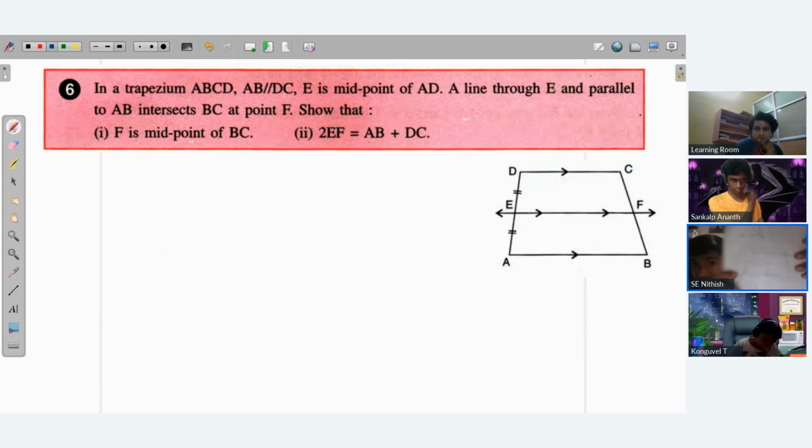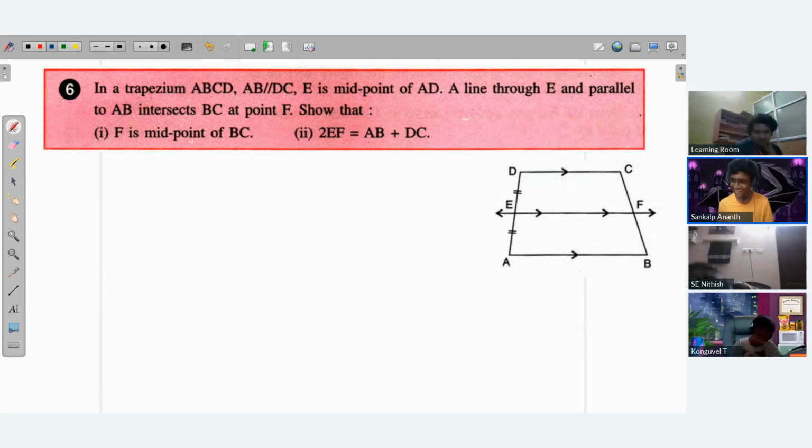They said F is a point where AB and BC intersect. Nitish, read it properly: a line through E and parallel to AB intersects BC at point F. Read it properly.